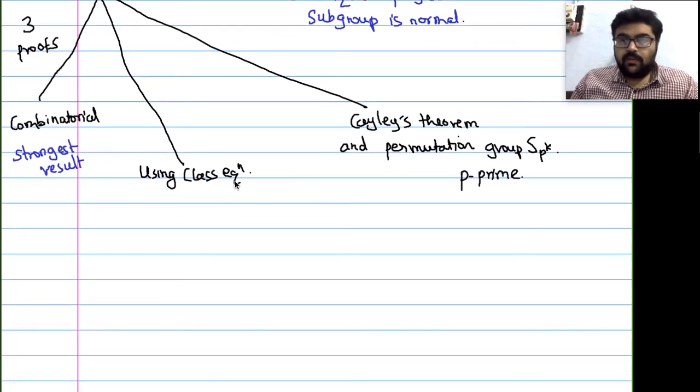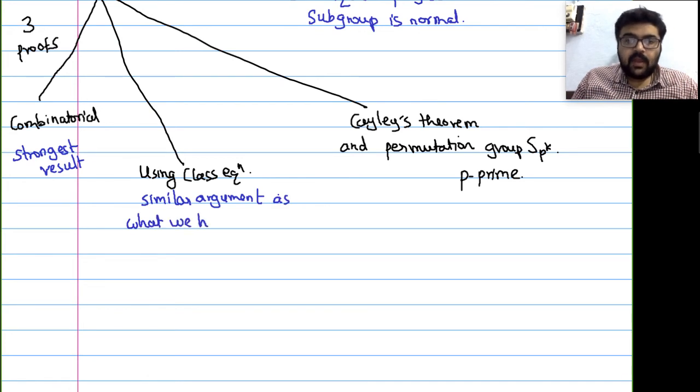And the one using the class equation is similar to what we had seen earlier. A similar argument: p divides order of G upon order of N(A) and so on. In Cauchy's theorem for a general case, we have seen an argument and it is very similar.